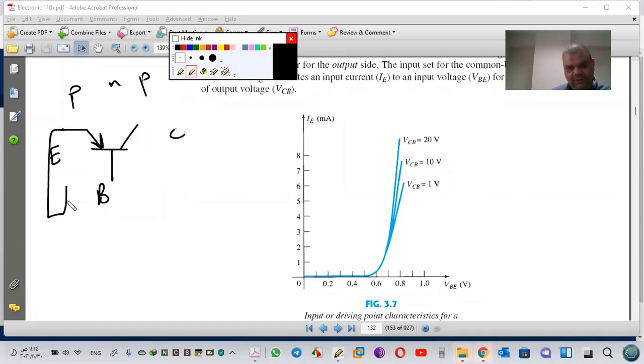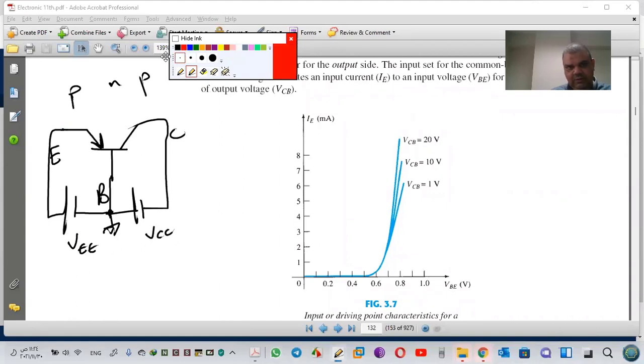Let's now draw the battery. Common base: VEE, VCC, IE, correct, IE, IB, IC.